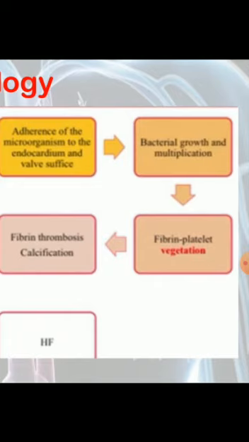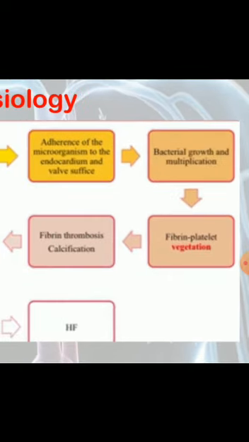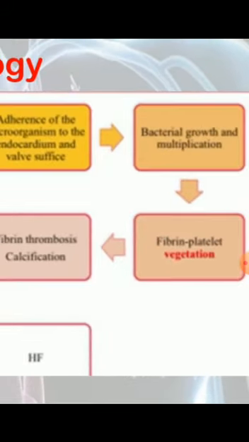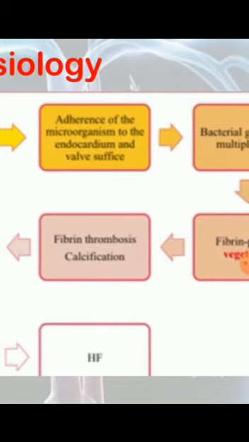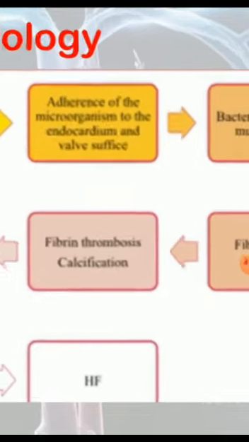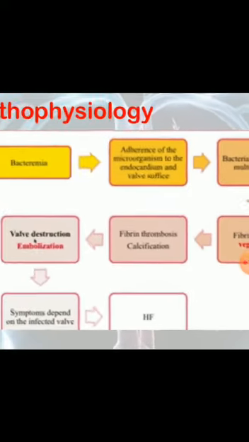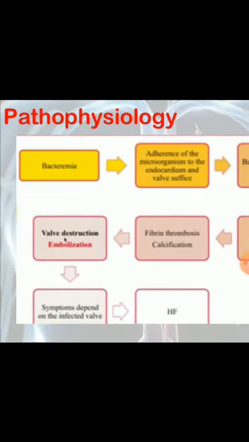These vegetations include fibrin and platelet accumulation, which further leads to fibrin thrombosis and calcification, and that calcification leads to valve destruction and embolization.